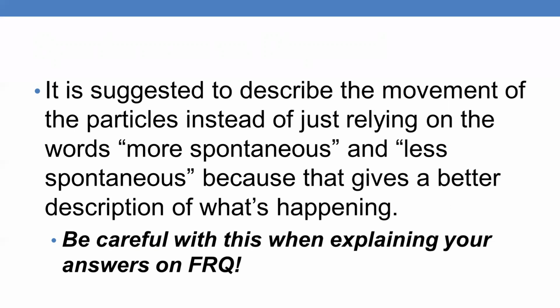But they don't like that terminology. They would rather you say more dispersed or less dispersed. If you use the word spontaneous to describe something, you might not get the point for your justification for your response. So just be careful with that.